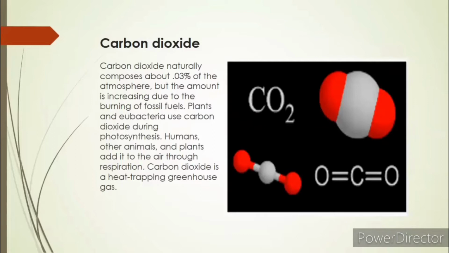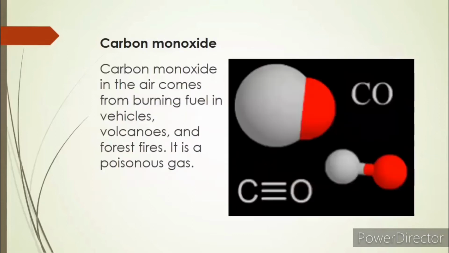Carbon dioxide naturally composes about 0.03% of the atmosphere, but the amount is increasing due to the burning of fossil fuels. Plants and bacteria use carbon dioxide during photosynthesis. Humans, other animals, and plants add it into the air through respiration. Carbon dioxide is a heat-trapping greenhouse gas.